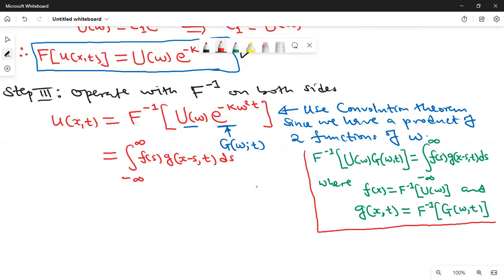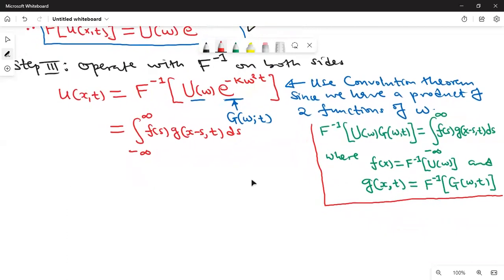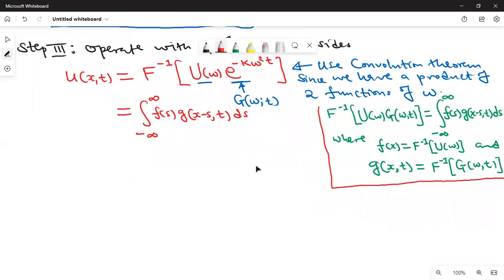So what do we need to find? Already we don't know f of x. It was arbitrary. So we only need to find g of xt, because once you know it, it is easy to find g of x minus s, t. I'll call this equation star.